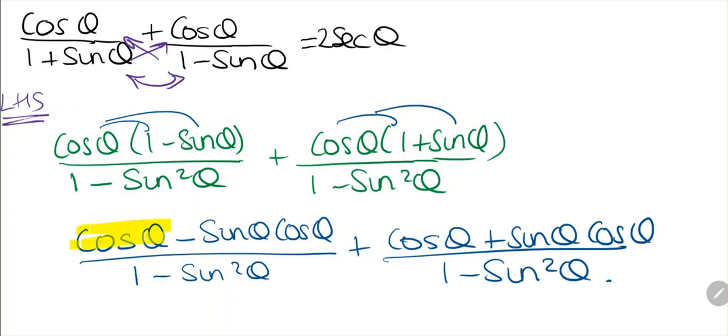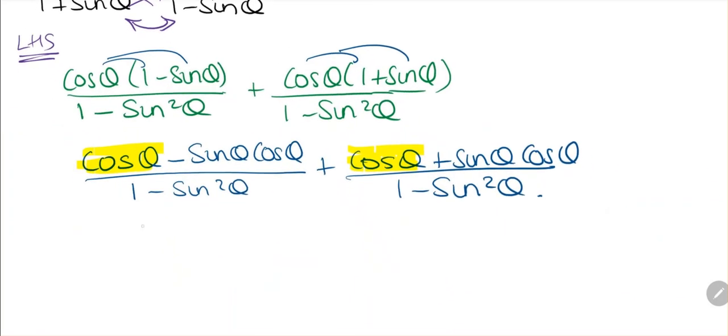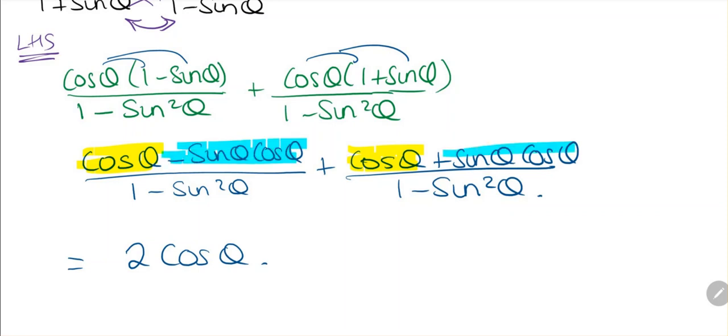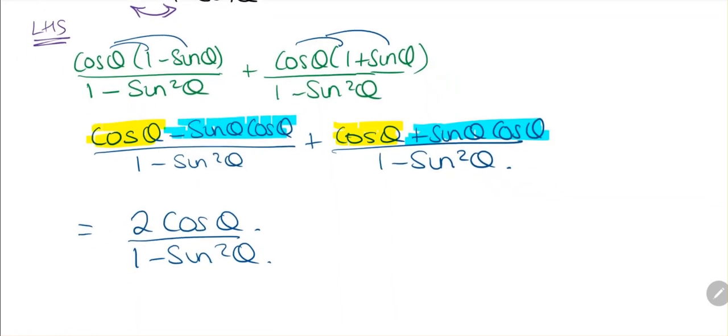So we have a cosine and a cosine, so we can add these together. So this is going to be 2 cosine theta, and then we have a minus and a plus. So these are just cancelled. And then I can just rewrite this over our 1 denominator.